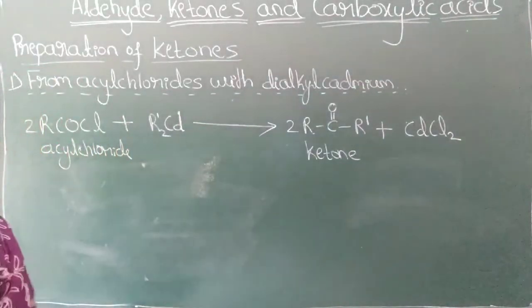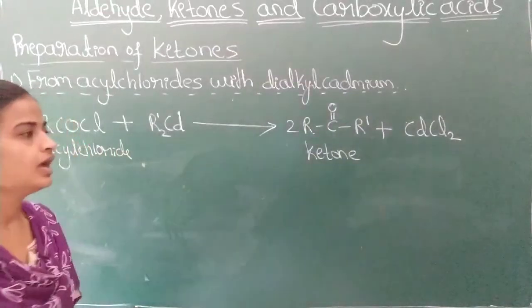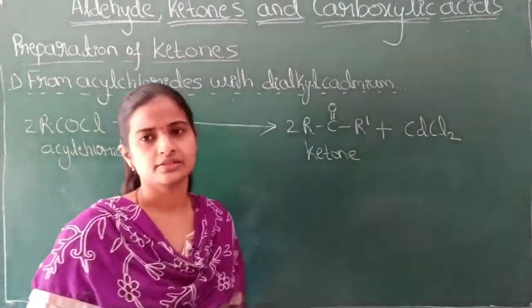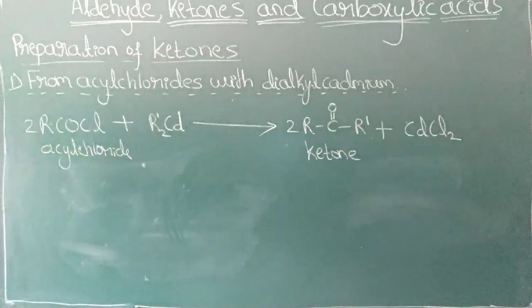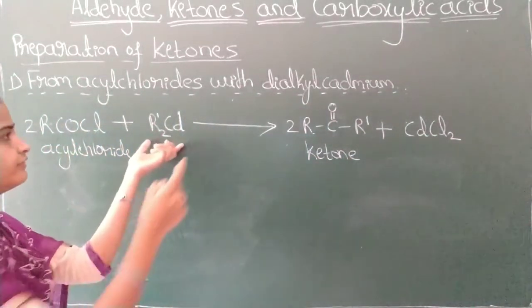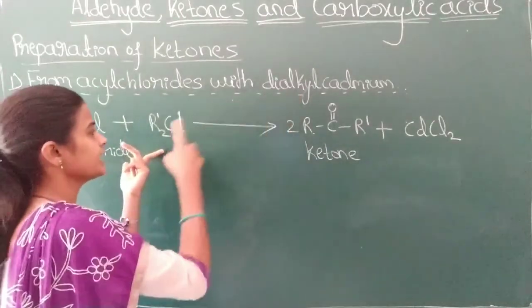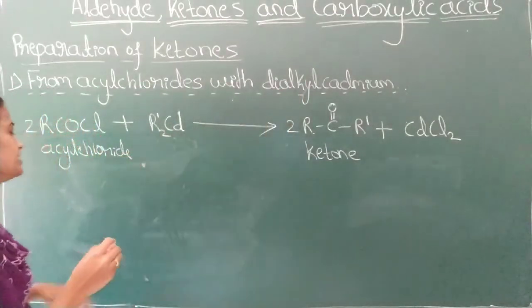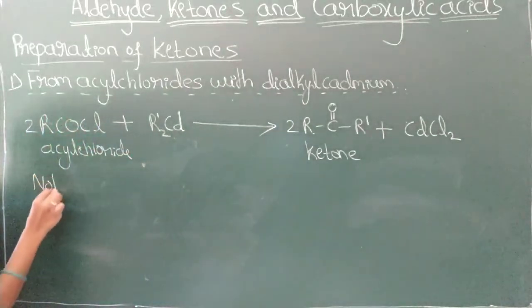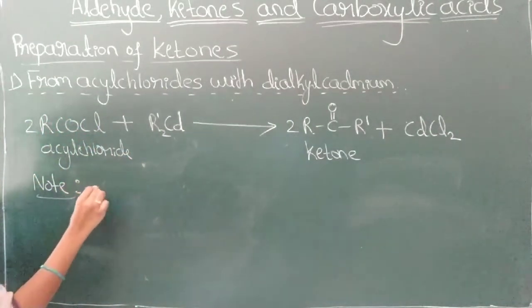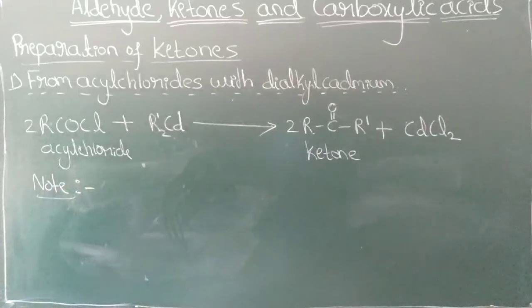Got it? And also, how is this dialkyl cadmium prepared? I'm sorry, now we have taken directly dialkyl cadmium, but how is it prepared? See, this is prepared by treating cadmium chloride with the Grignard reagent.